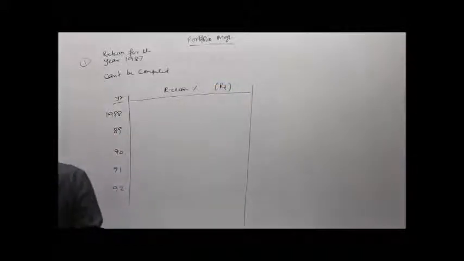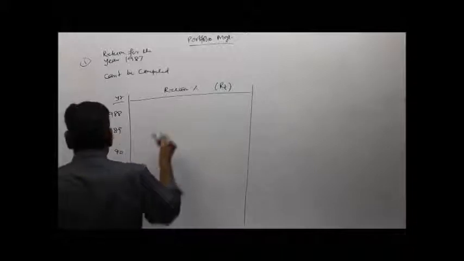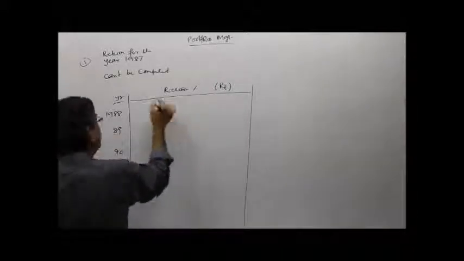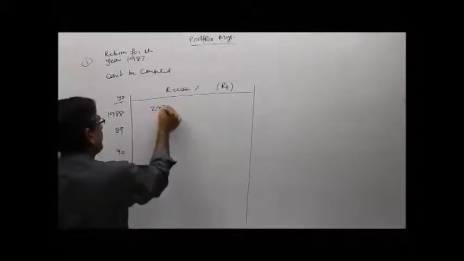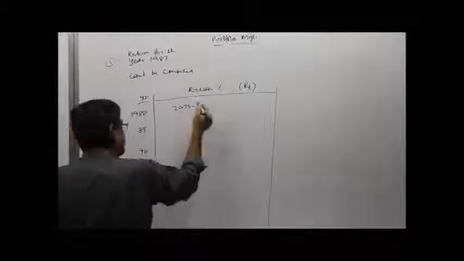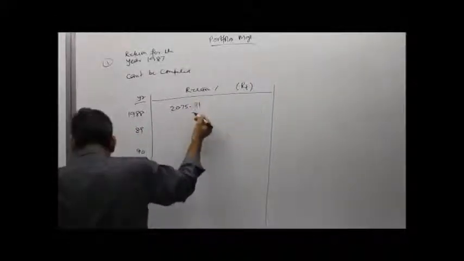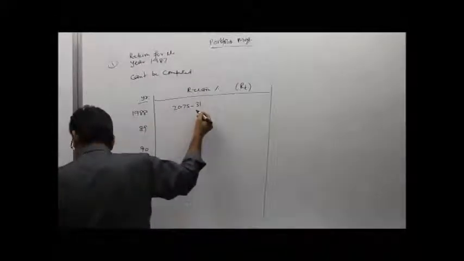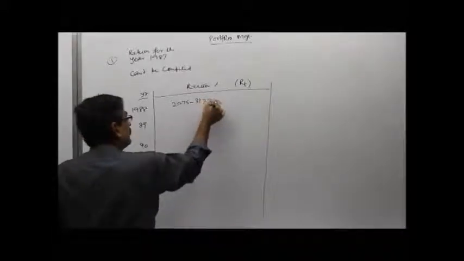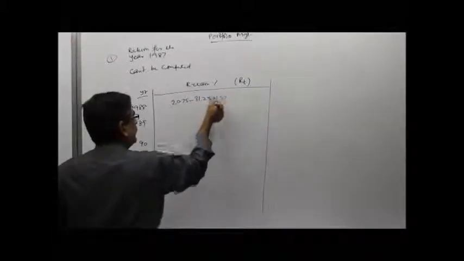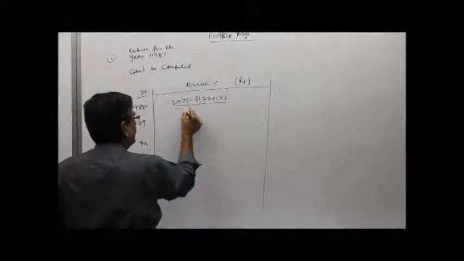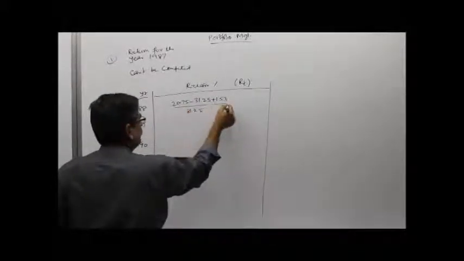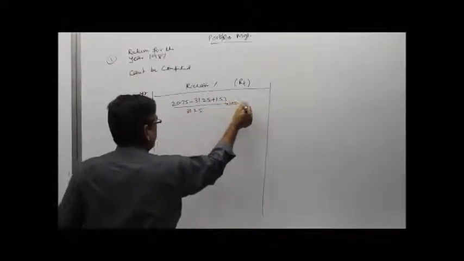For RT, for the year 88, we compute the return as the closing price given, 20.75, less the opening price 31.25, plus dividend of 1.53, divided by the opening price of 31.25 into 100.